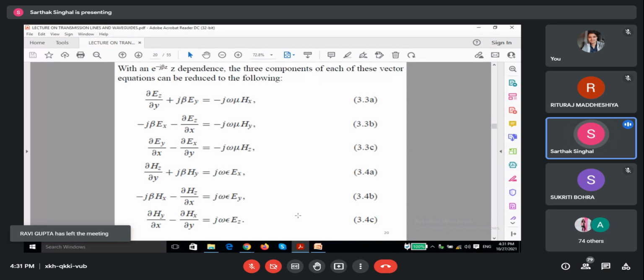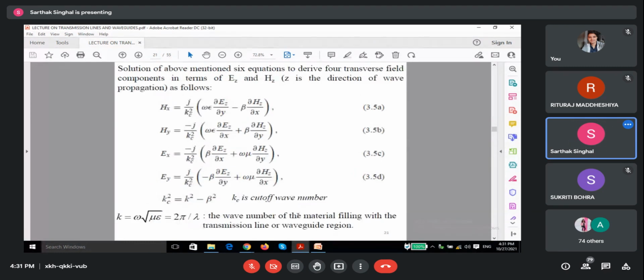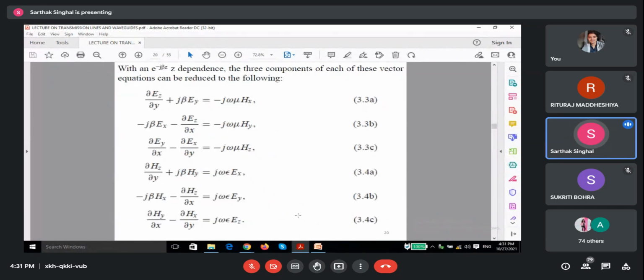What I need to do now, from these six equations, because you are talking about wave propagation only along the z direction, right? So you will be knowing only the two components, that is Ez and Hz.